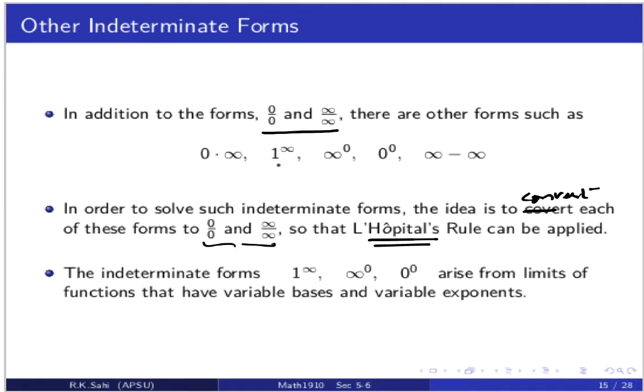Now, the indeterminate forms of the kind 1 to infinity, infinity to 0, or 0 to 0 arise from limits of functions that have variable bases and variable exponents. We will see them as examples later on.